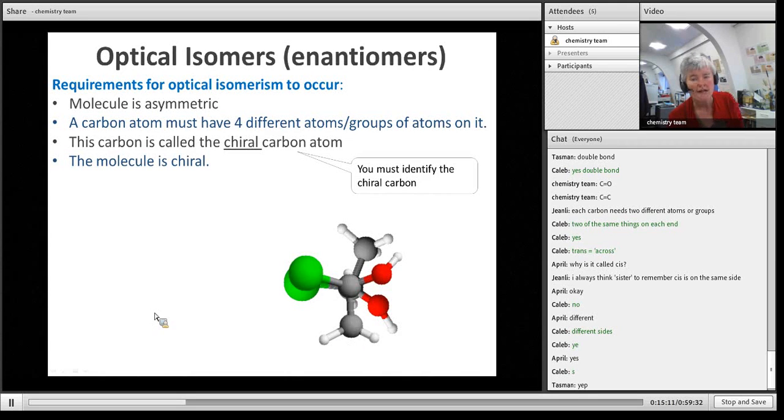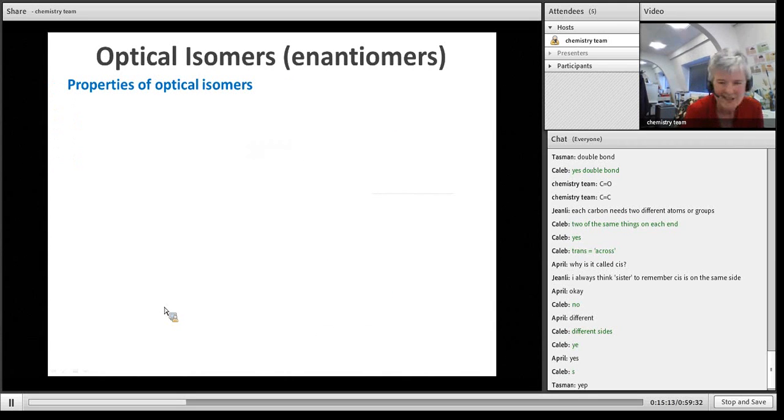Now, because enantiomers are so similar, they're pretty much identical. They're going to pack the same way, they're going to have the same sort of intermolecular forces of attraction. Their physical properties are going to be identical. They'll have the same boiling point, the same melting point, and so on. The same density, everything will be the same.